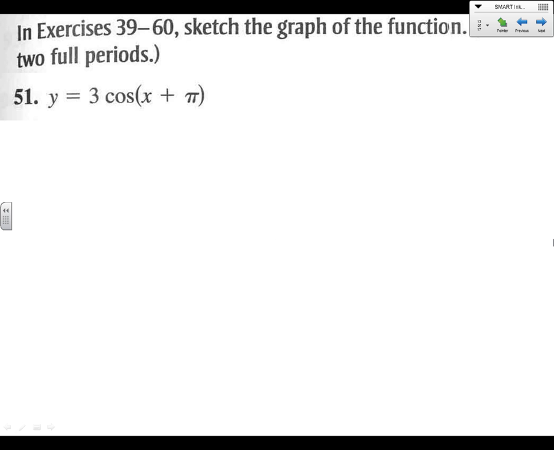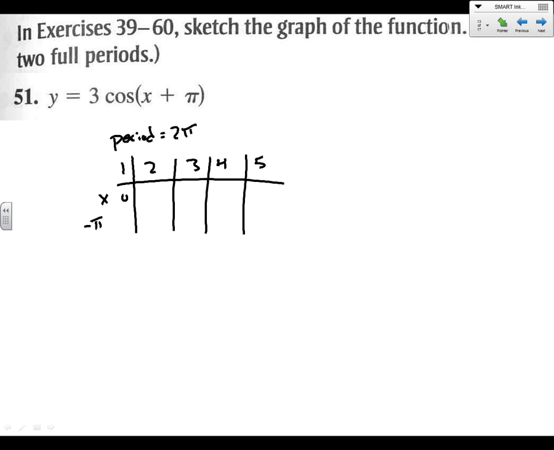See if you can put that all together yourself on 51. All right, so there's my table.